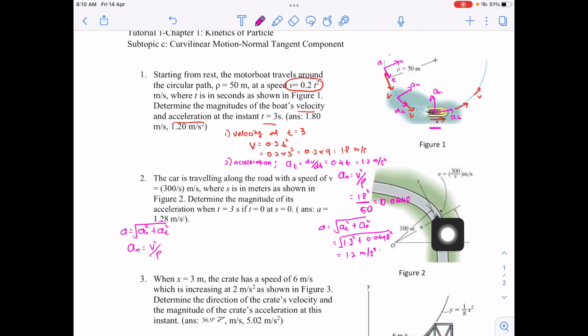Rho is given as 100, so v squared over 100. To find v at t equals 3, you have v as a function of 300 over s.